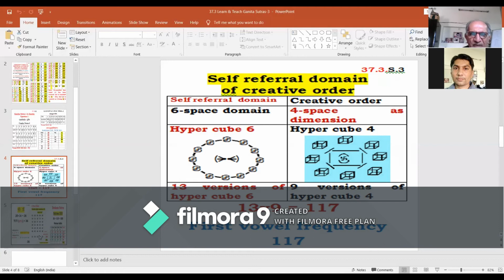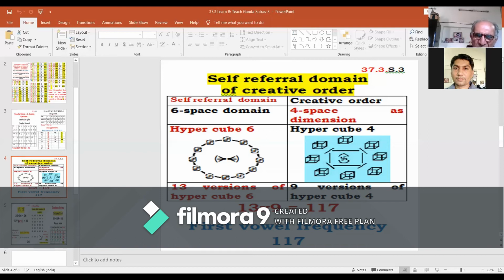Sun as a six-space body is a spreadsheet of 13 versions of hypercubes, as regular representative bodies of 13 geometries of six space. Each of the six-space domains of these 13 versions has a creative dimensional order, and the creative dimensional order manifests as hypercube 4, which is of 9 versions.